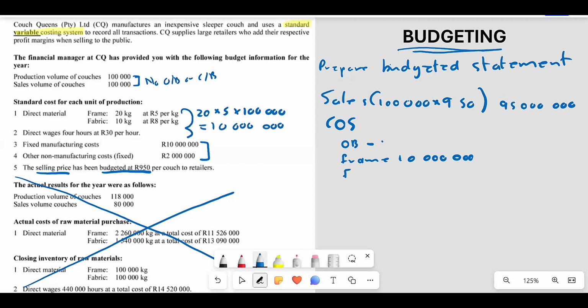Then fabric. Fabric is 10 kg at 8 rand per kg. So 10 times 8 times 100,000 gives us 8 million. And then let's do labor. Direct wages are 4 hours at 30 rand per hour.